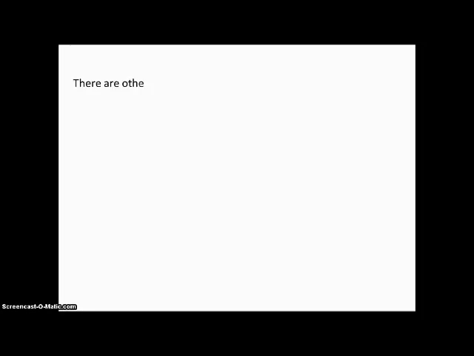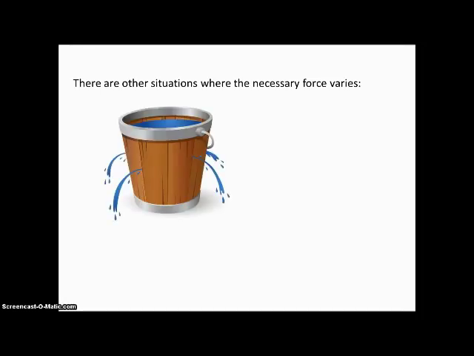Okay, now there are other situations where the necessary force varies besides compressing and stretching springs. For example, you could be hauling a leaky bucket up a well so that the weight is going to decrease as you pull it up, and so you're going to need less and less force as you pull.